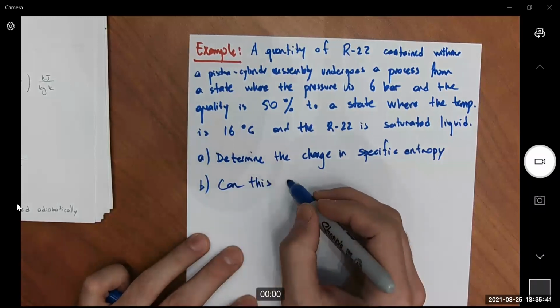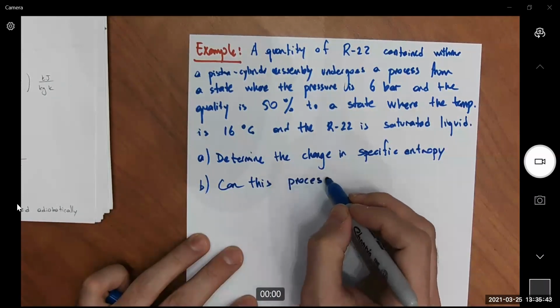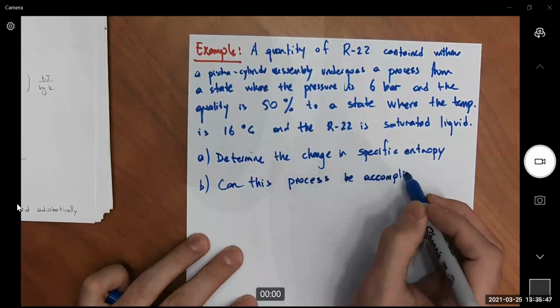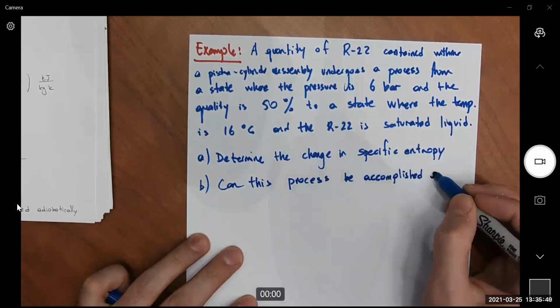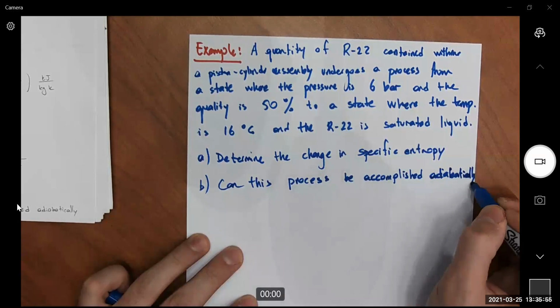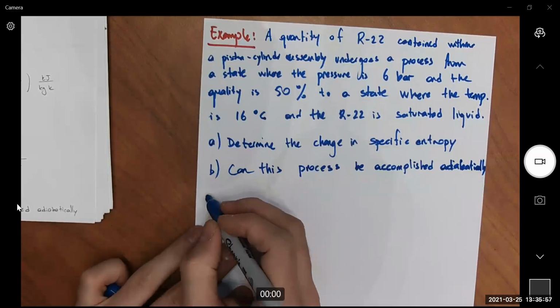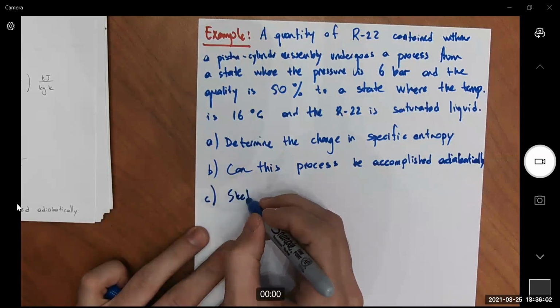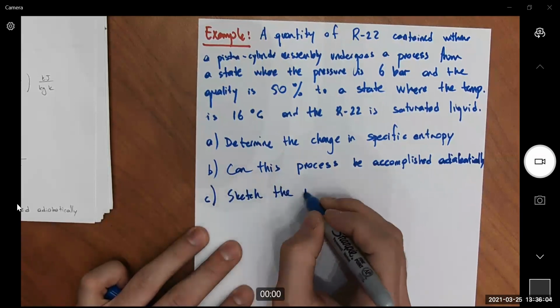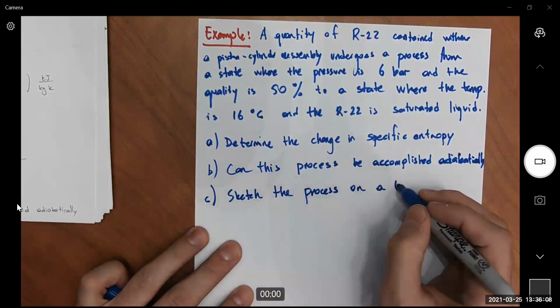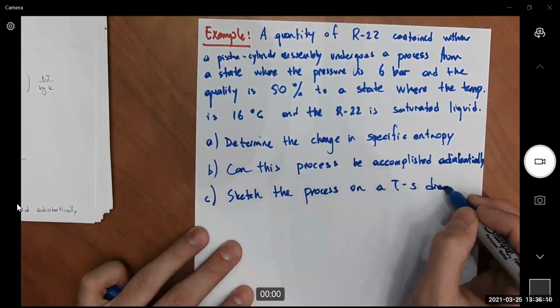B, can this process be accomplished adiabatically? C, sketch the process on a T-S diagram.